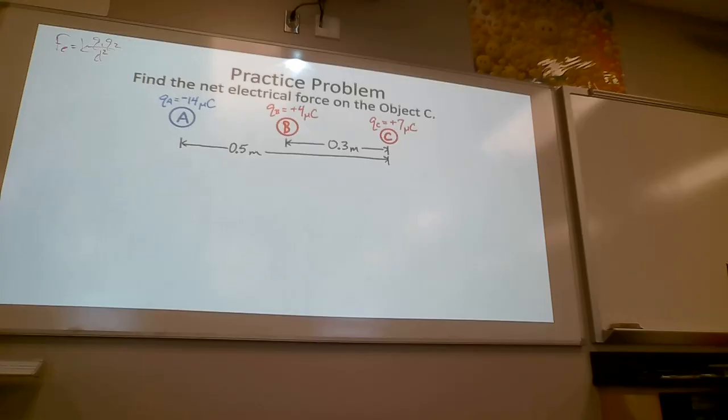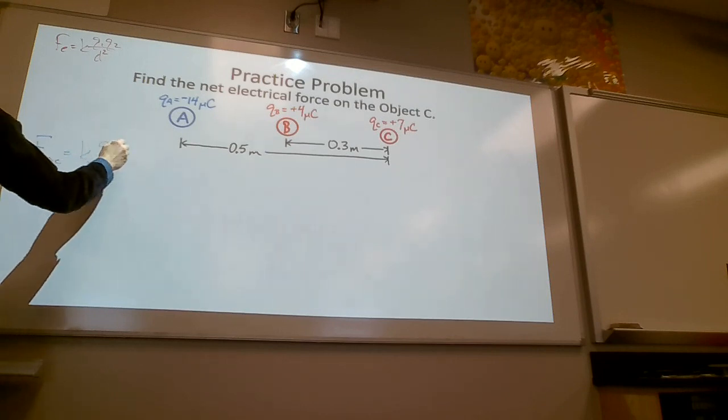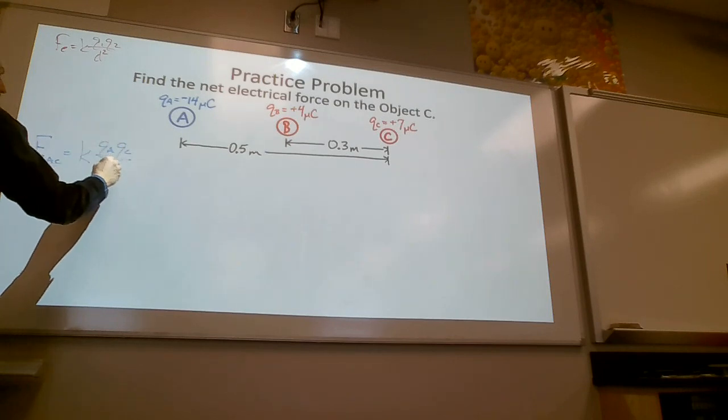Okay. Just calculating this out. I want to know the net electric force on object C. What we're going to do is take it in pairs. First we're going to find the electric force between A and C. So we have k, charge on A, charge on C, over the distance squared.